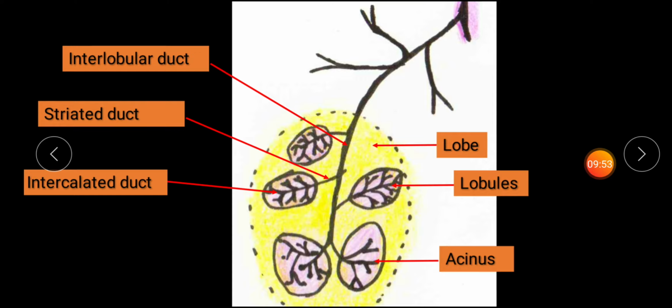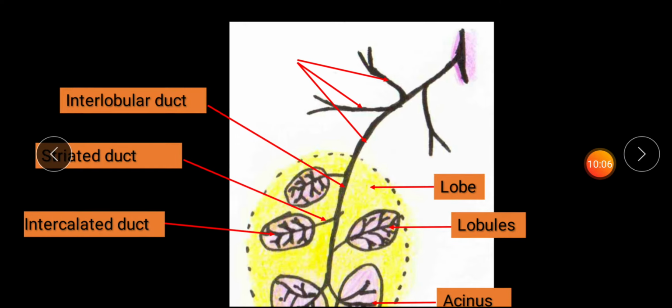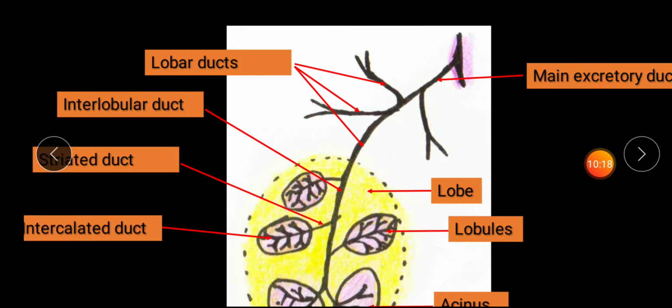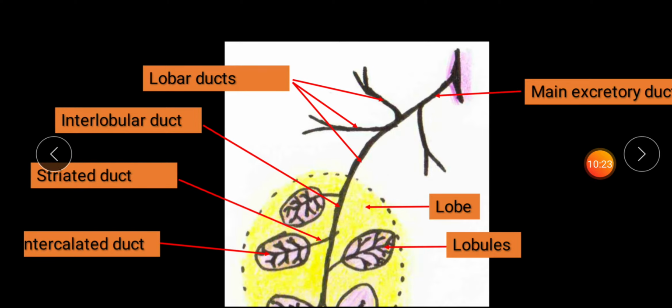After the interlobular duct there is a joining of the ducts carrying secretion from the individual lobes, termed the lobar duct. Here you can see these three lobar ducts uniting with each other, and ultimately forming a single duct known as the main excretory duct. This one is the main excretory duct, and it opens into the oral cavity. So, this is the arrangement of the acini as well as the duct system.